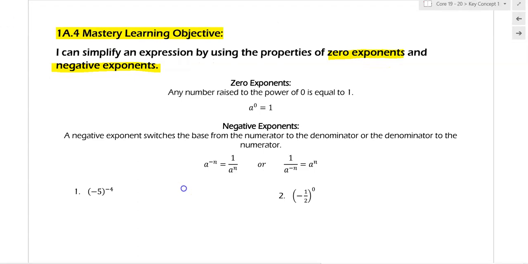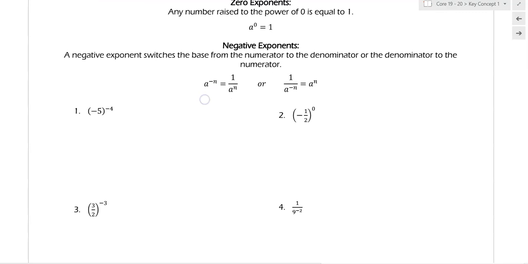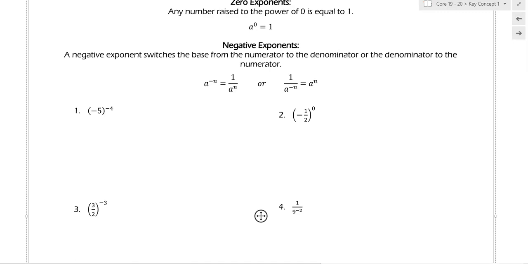It's nice and easy. For negative exponents, a negative exponent switches the base from the numerator to the denominator, or the denominator to the numerator. So when I have a negative exponent, technically, anytime you have a number with no denominator, it's over 1.